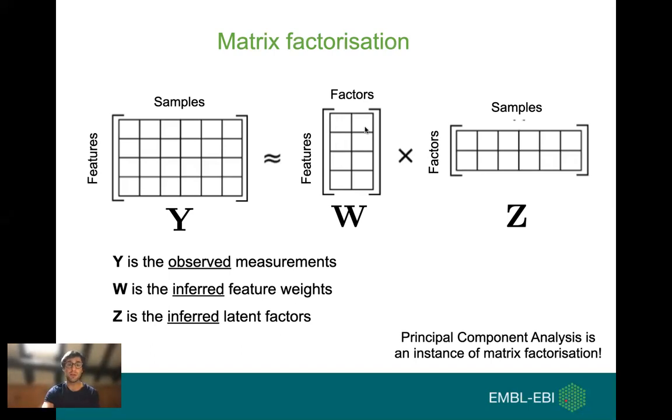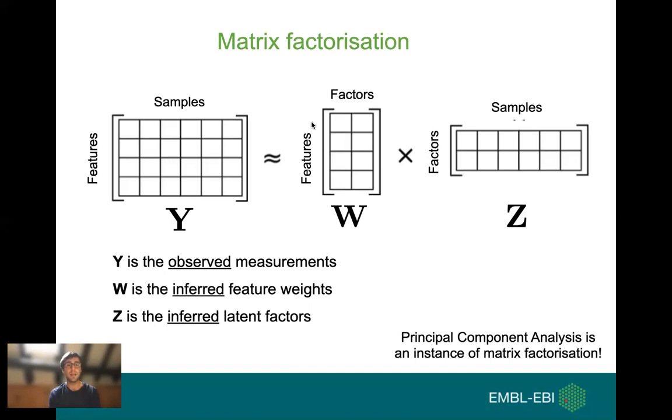And matrix factorization is the most useful and arguably the most used statistical model in biology, probably in the form of PCA. So PCA is just an instance of matrix factorization, but there are a lot of them, including non-negative matrix factorization, which is also very much used in practice, factor analysis, and other flavors of matrix factorization.